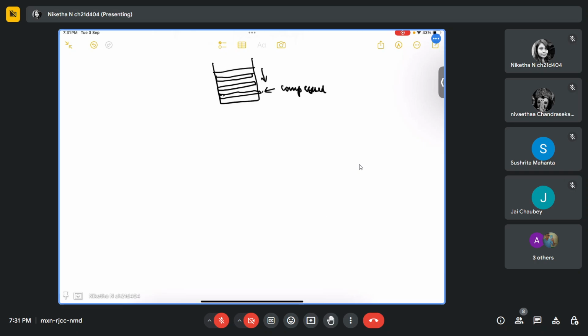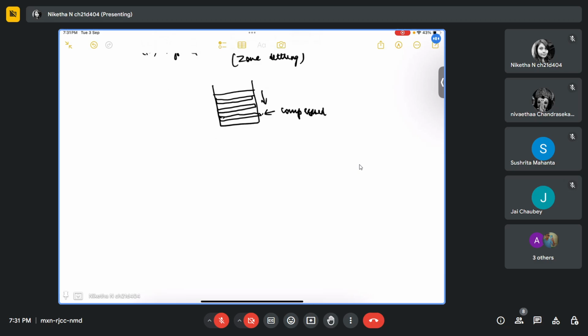Okay. So when we are discussing settling and sedimentation, we saw that there are two kinds of velocities. One is the settling velocity and the other one is the outflow velocity, which is outwards.